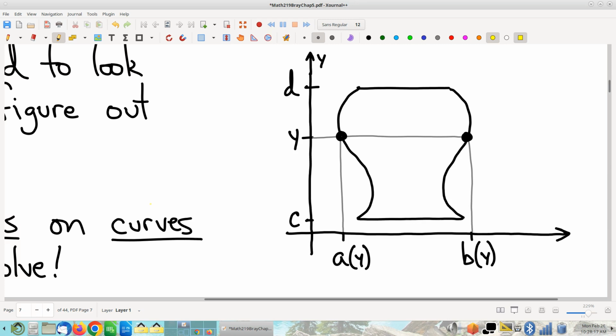So, same scenario. How does x depend on y? Well, first, we recognize that y goes from C to D, and then we pick a value of y to look at. We look only at that y slice.